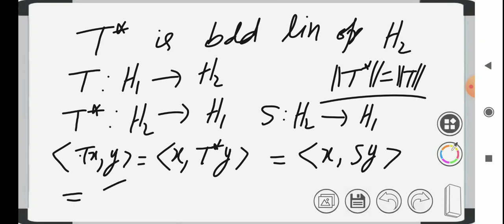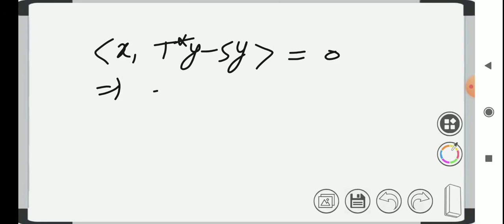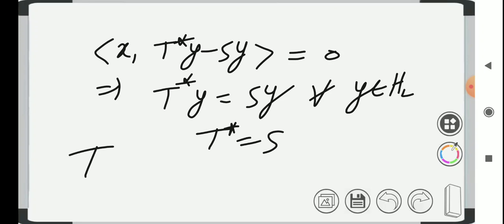Hence inner product of x with T star y minus Sy is 0, which implies, since this holds for all x, that T star y should be Sy for all y belonging to H2. Hence T star must be the same as S. Hence T star is unique, that is, corresponding to T we associate an operator T star.